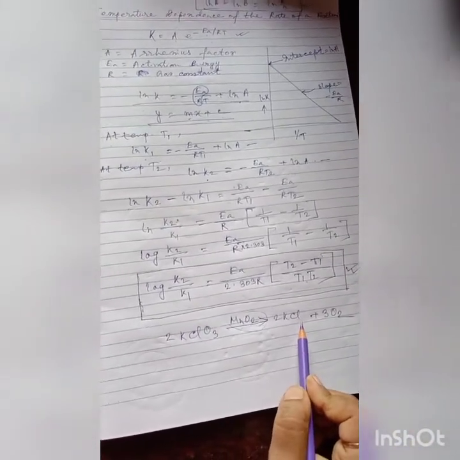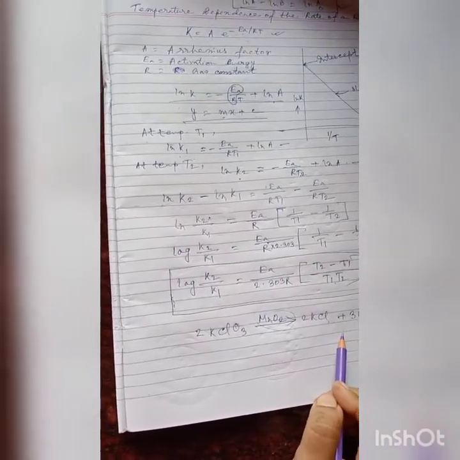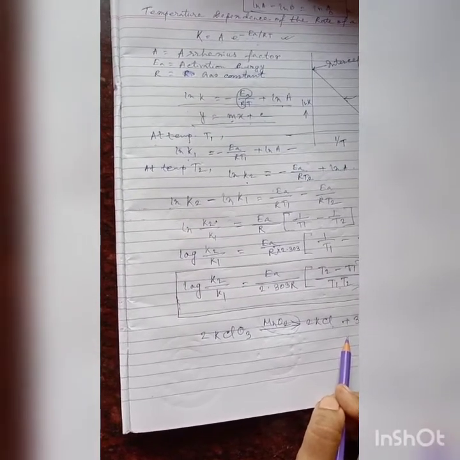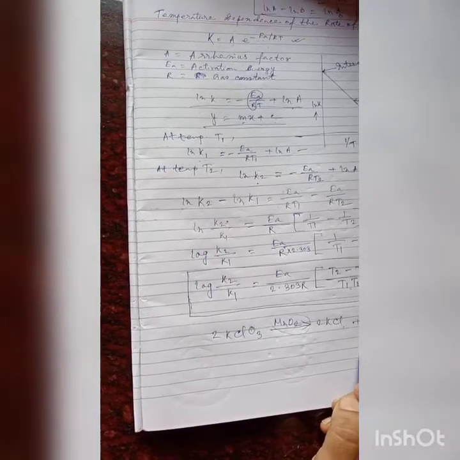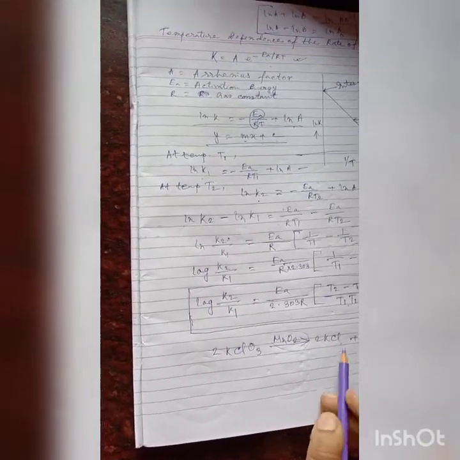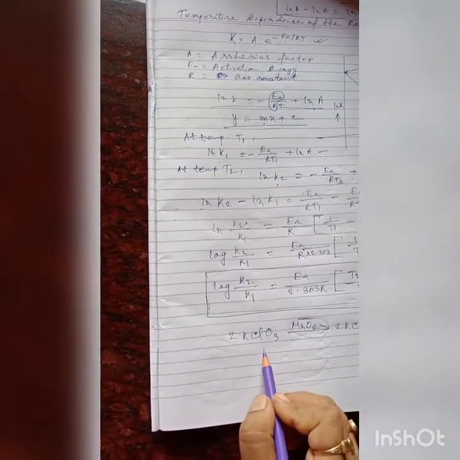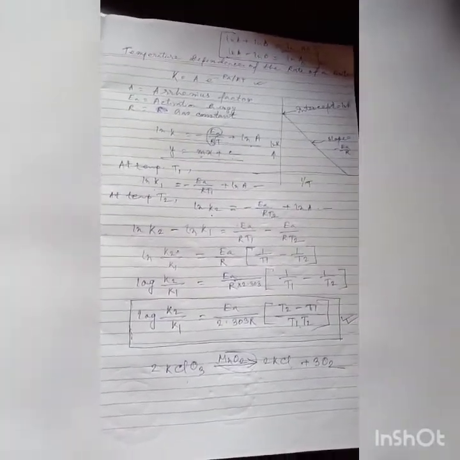The action of the catalyst can be explained by the intermediate complex theory. According to this theory, a catalyst participates in a chemical reaction by forming temporary bonds with the reactants, resulting in an intermediate complex.